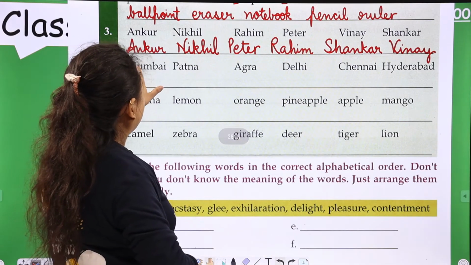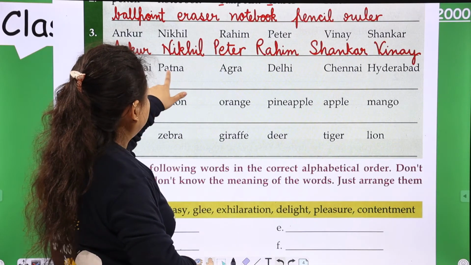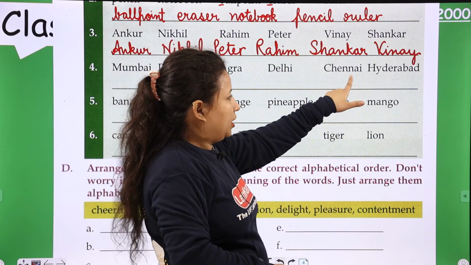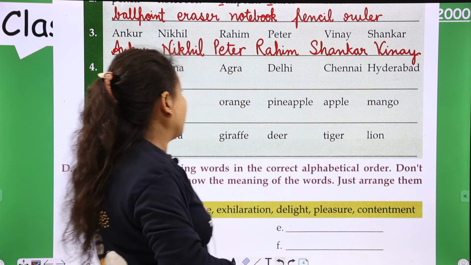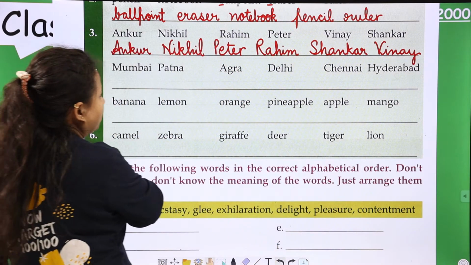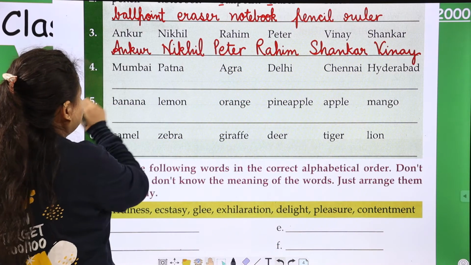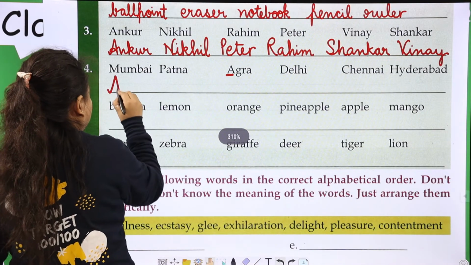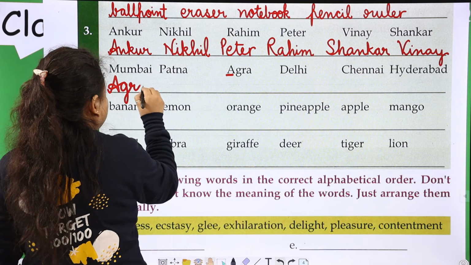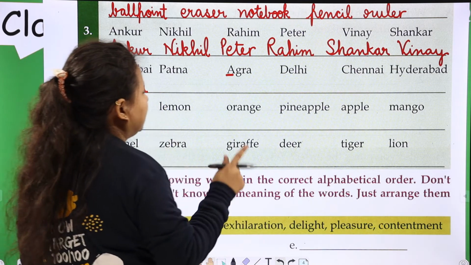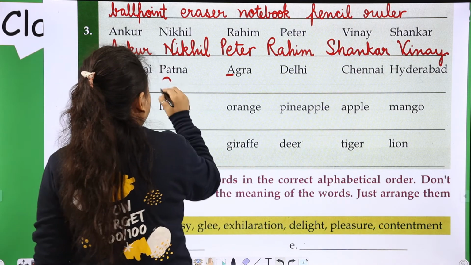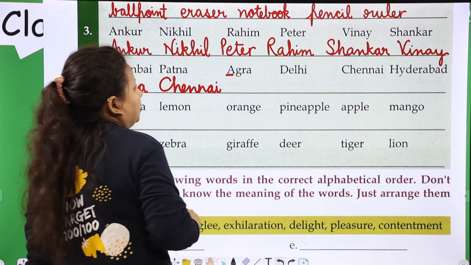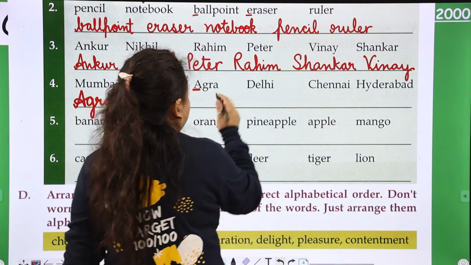Next is Mumbai, Patna, Agra, Delhi, Chennai and Hyderabad. So I am going to start with letter A. So where is letter A? A is here. So first is Agra. B, C, it means Chennai. D, Delhi.